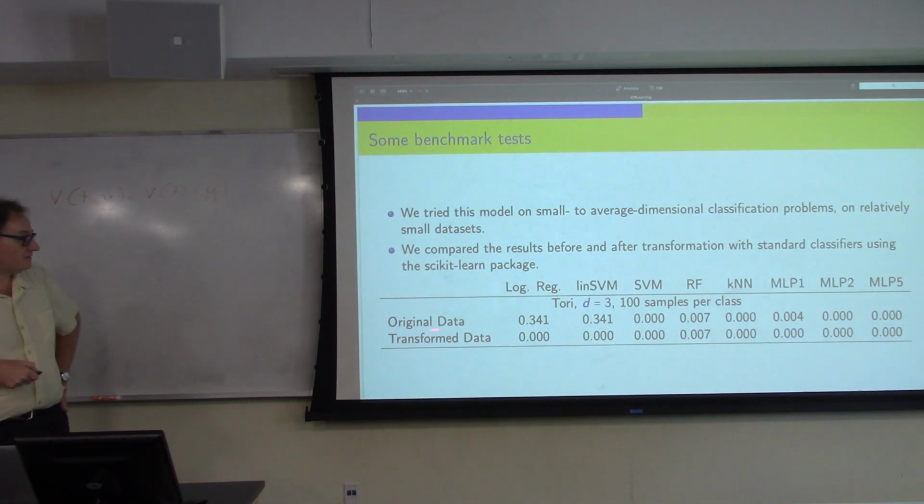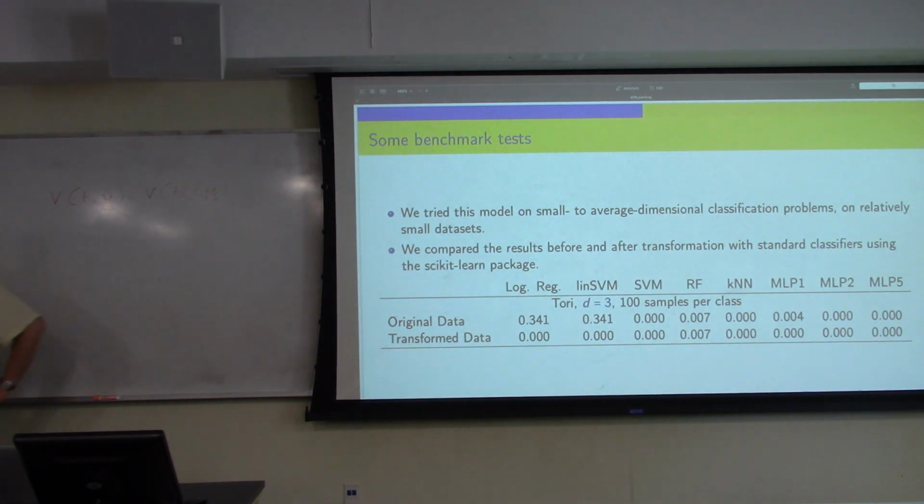This is a battery of classifiers that are applied to the data before estimating the diffeomorphism, and this is the same classifiers applied to the transformed data at the end of the training algorithm. The logistic regression here is what is optimized by the algorithm.